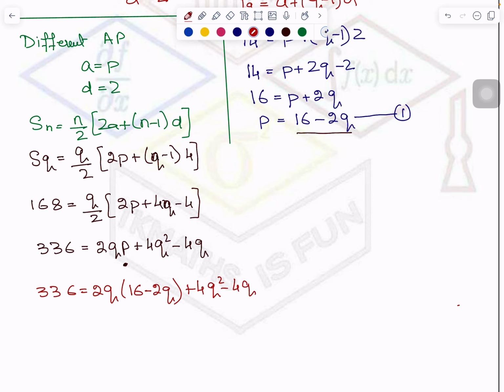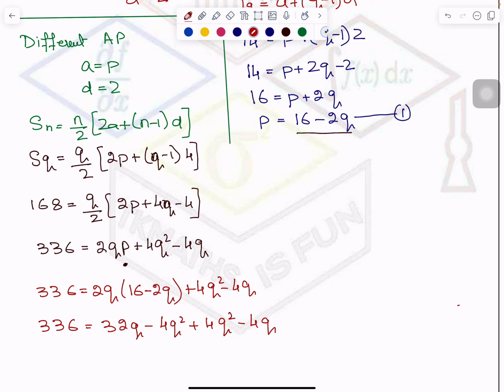Okay, so now what will I do? Open the bracket: equals 32q minus 4q squared plus 4q squared. You see, without a calculator I am doing this. So this question can be part of a non-calculator paper very easily.